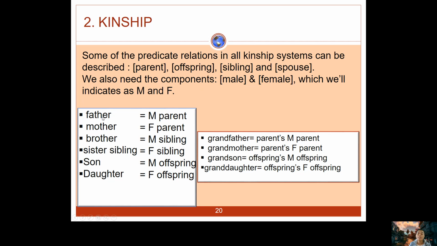Father, you know father. So father means M, parent. What is the meaning of parent?